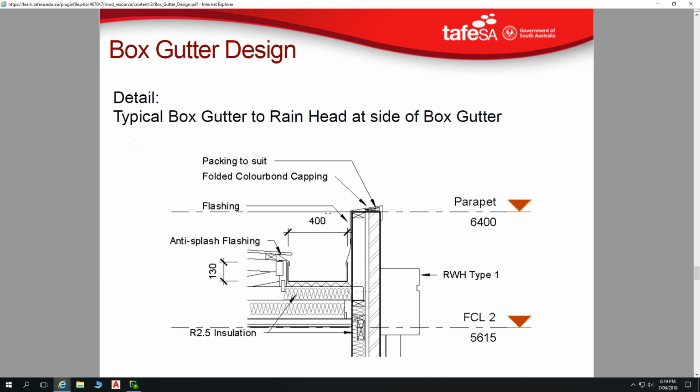So that's that ribbed profile you were talking about beforehand. That helps our box gutter stand between supports. So we've got our various different hangers for the box gutter.